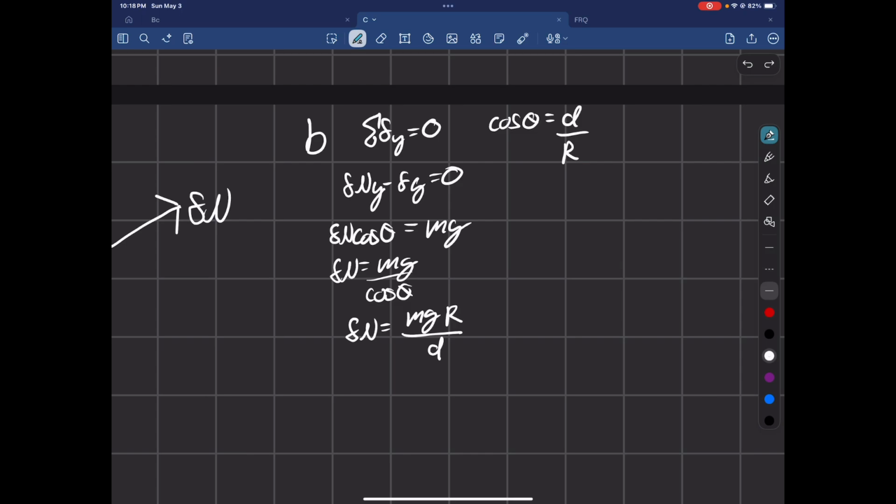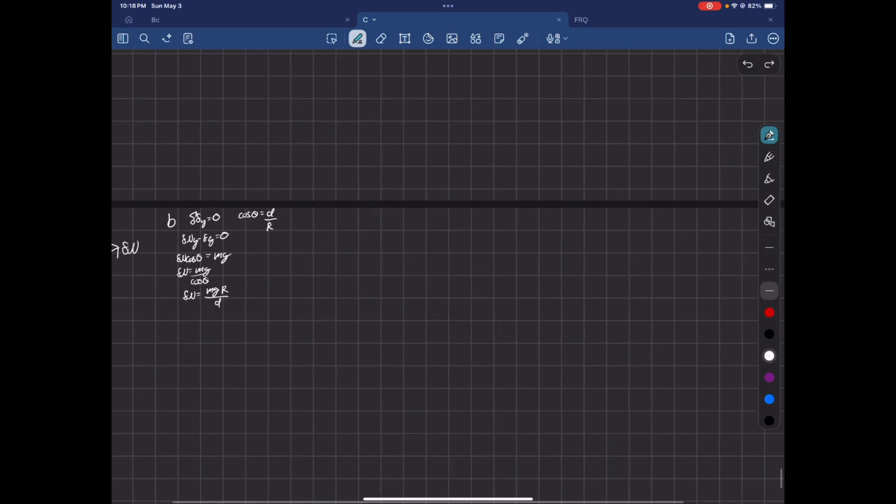For part C, it asks to prove the tangential speed. So we'd be looking at the horizontal. F_c is equal to F_x, and F_x would be F_N sine theta here.